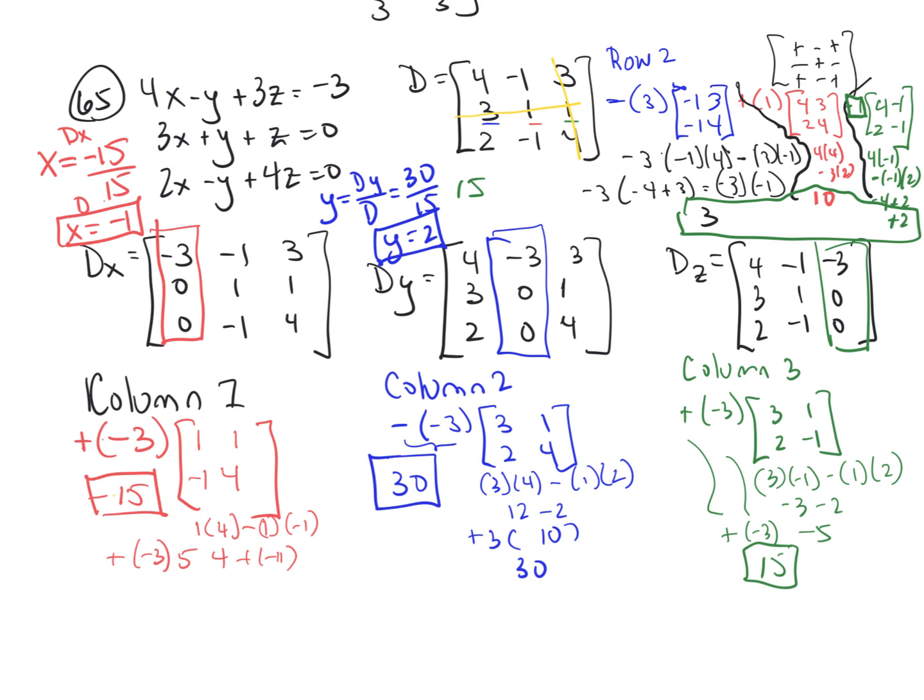And finally, z, d sub z over d. D sub z was 15, d was 15, so z is 1. Good heavens to Betsy. Whew. So what do we have? -1, 2, 1. You can check that if you like. I wish you luck.